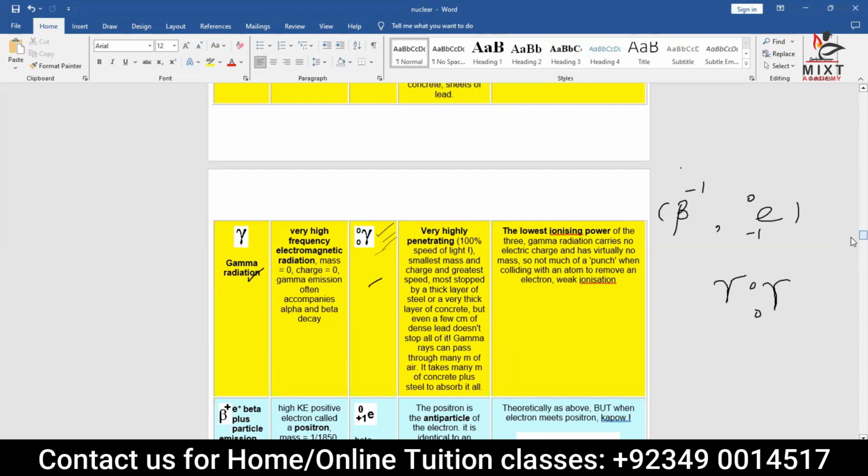It can take many meters of concrete plus steel to absorb it. Done.